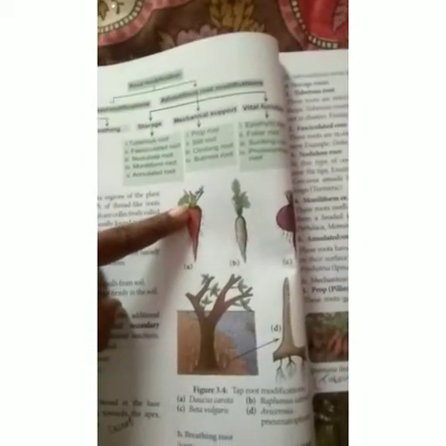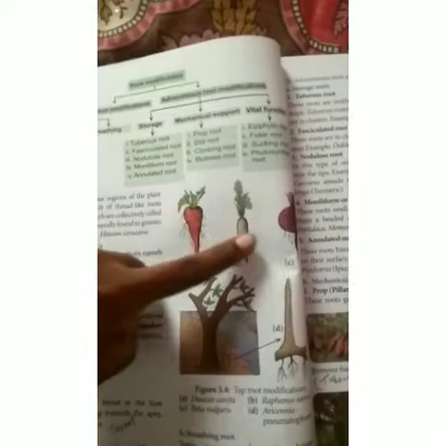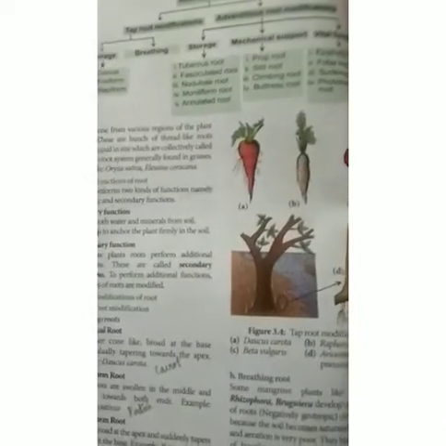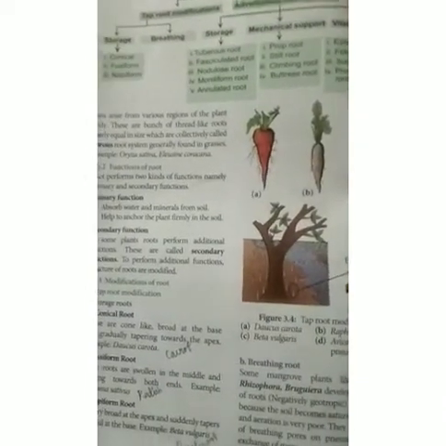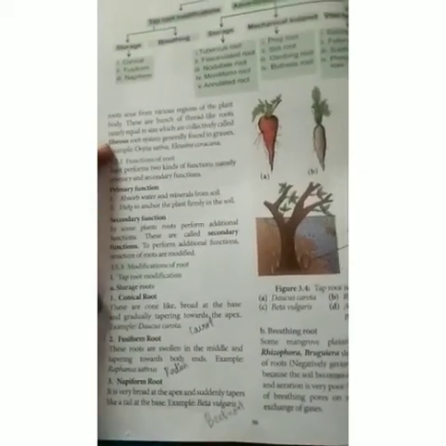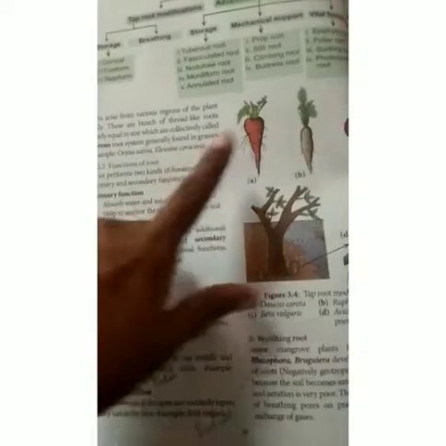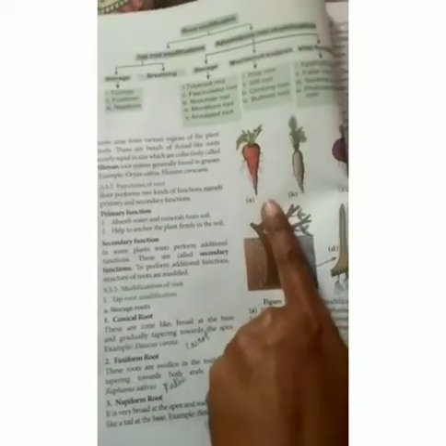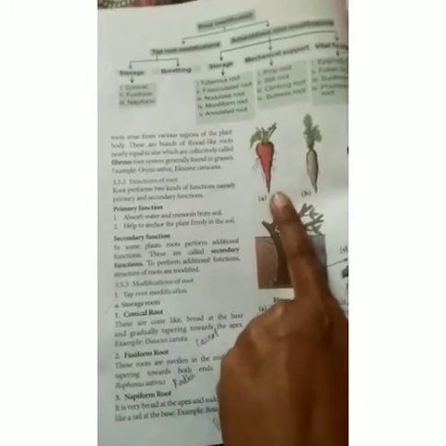Conical, in lower classes itself we have read this type of storage function. It is called conical because of its cone-like shape. The storage root forms a cone-like shape, broad at the base and gradually tapered towards the apex. Example: Daucus carota, that means carrot.